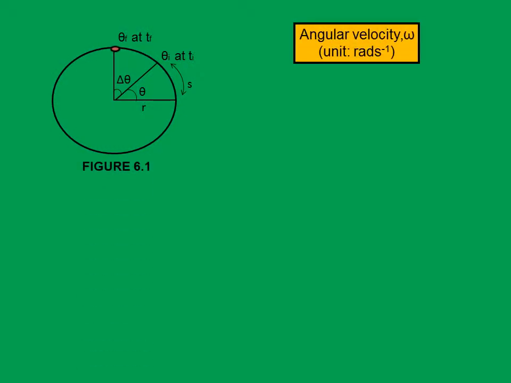Angular velocity. The angular velocity is defined as the rate of change of angular displacement. The symbol for angular velocity is a Greek letter, and we pronounce it as omega. From Figure 6.1, if the disk rotates from angular position theta i at t i to angular position theta f at t f, the average angular velocity of the disk is given by this formula.